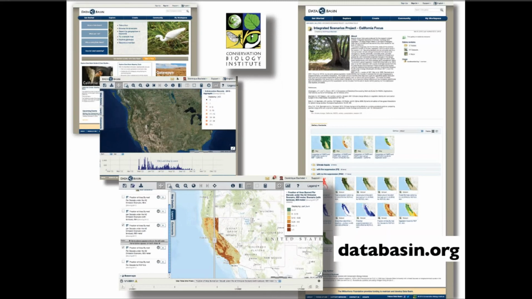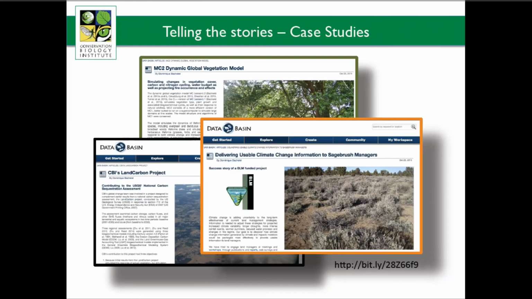We do a lot of these comparisons between model results, for example, with or without land use, or with a warm and dry versus cool and wet future. And then once you have identified a certain number of data sets you're really interested in, you can put everything into a gallery, so the next time you log on, you can directly go to your favorite maps. So next slide, please.